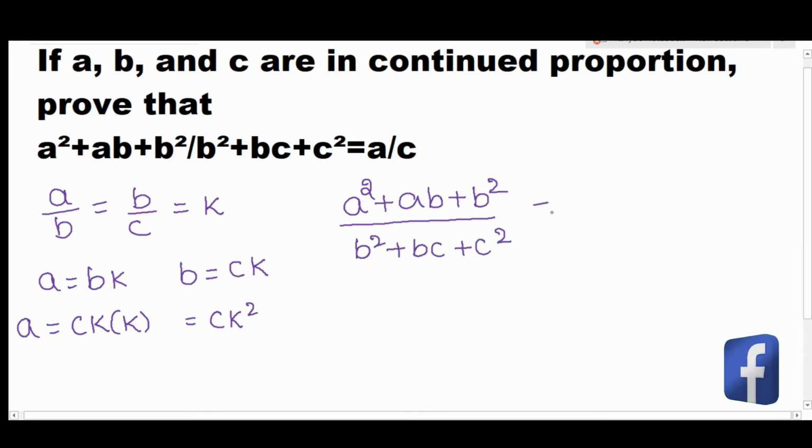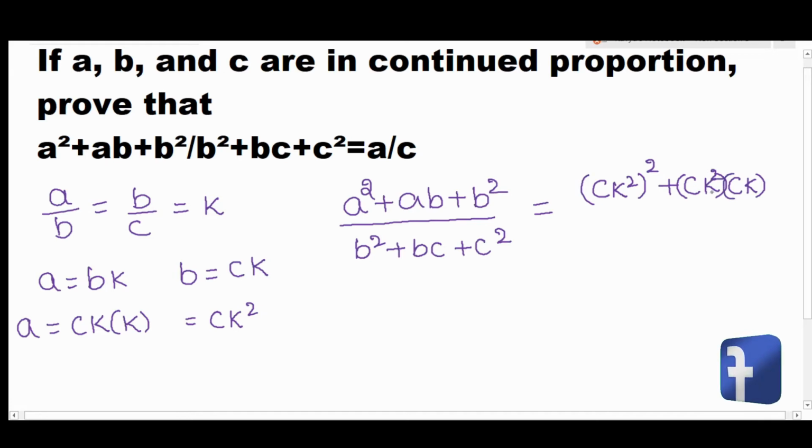Now let us substitute the values. What is the value of a? It is ck square, and I have a whole square there, plus a value is ck square, and in the place of b, I'll write it as ck again.